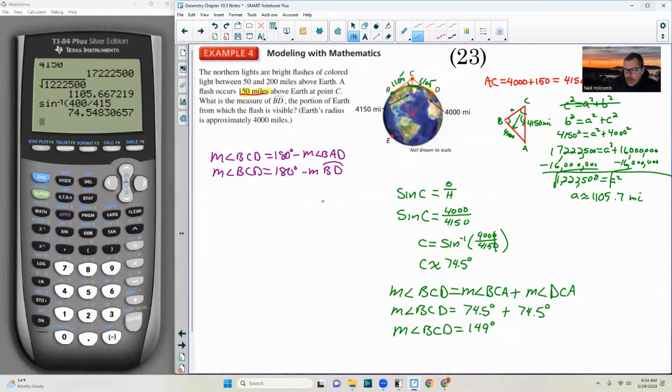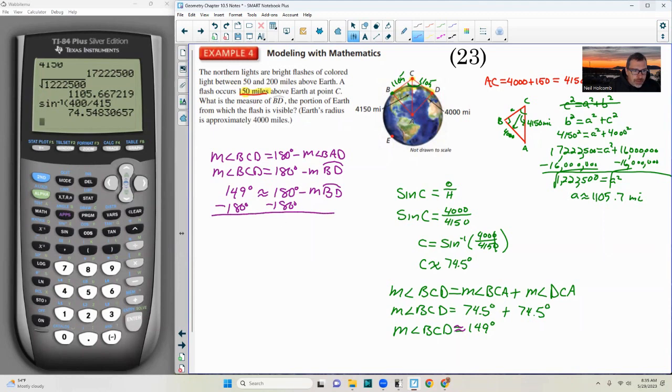Okay. And I know BCD is 149 degrees, and that was an approximation, so I'm going to use approximations, right? C was approximately, so this should actually be an approximation as well. 149 degrees equals 180 degrees minus the measure of arc BD. Okay, so now I want to solve for the measure of arc BD, so by subtracting 180 degrees from both sides.